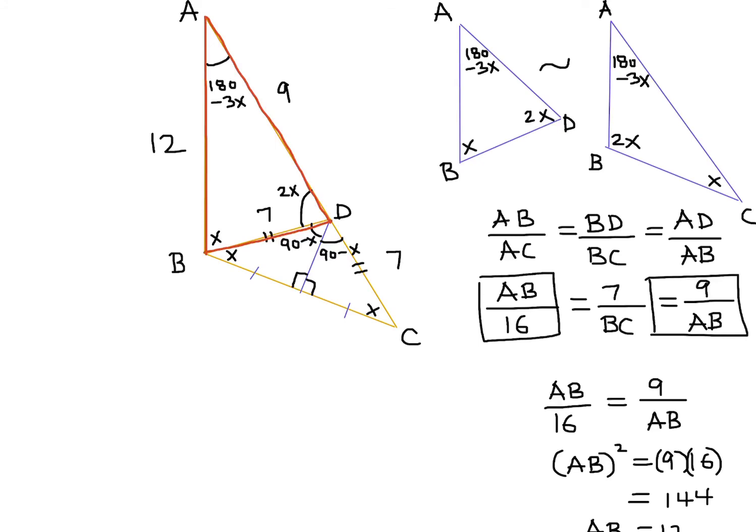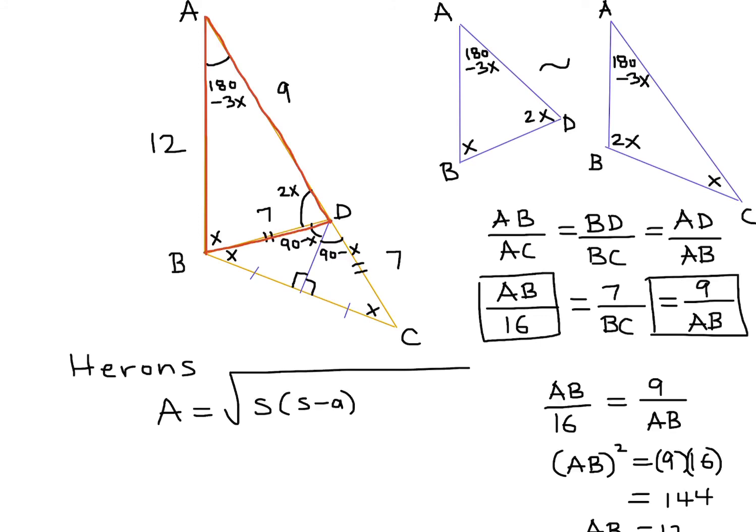We don't really have a height, but we can use Heron's formula. So what is Heron's? It basically says that area is equal to the square root of the semi-perimeter times the semi-perimeter minus the first side, times the semi-perimeter minus the second, and the semi-perimeter minus the third.